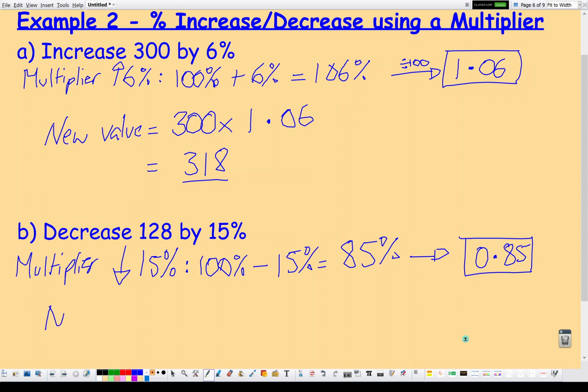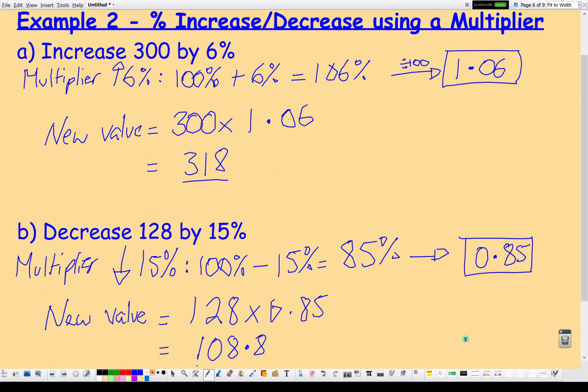So then the new value this time is 128 multiplied by 0.85. Put it in your calculator and you should get 108.8. Now, a few things to note.